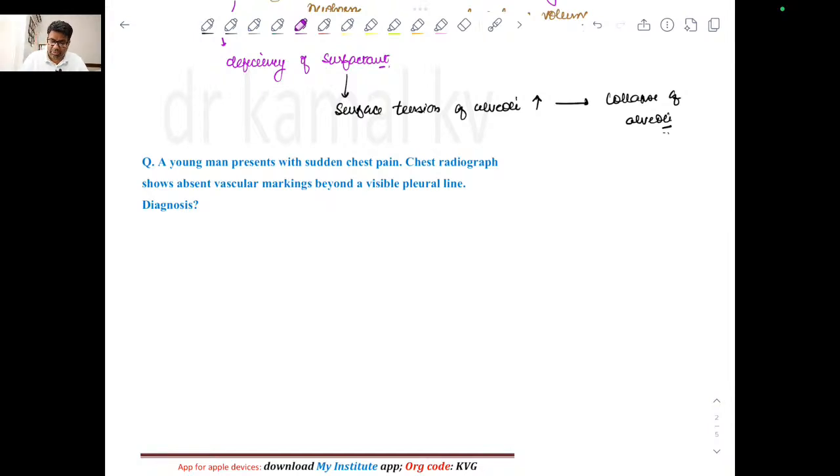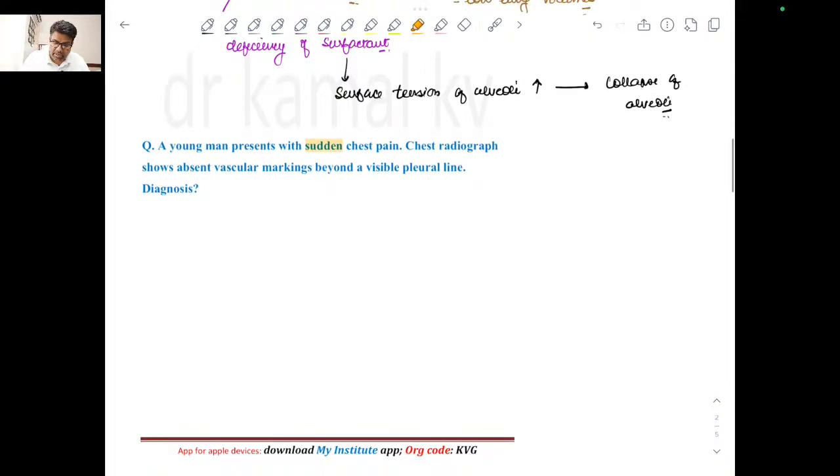Okay, next question. A young man presents with sudden chest pain. Chest radiograph shows absent vascular markings beyond a visible pleural line. So here let us write the keywords first. Sudden chest pain, right?